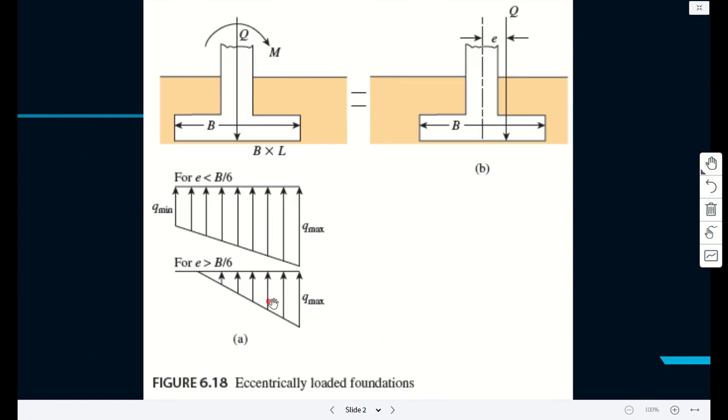I also have to say that all the figures used here are from the book Foundation Engineering by Braja Das. I have left the numbers as they are.